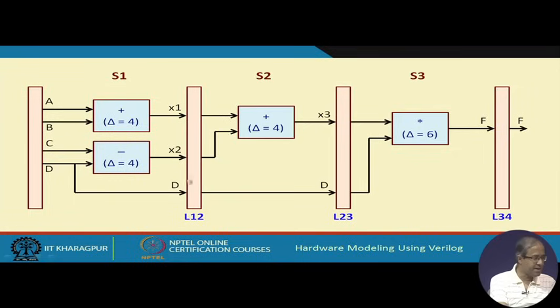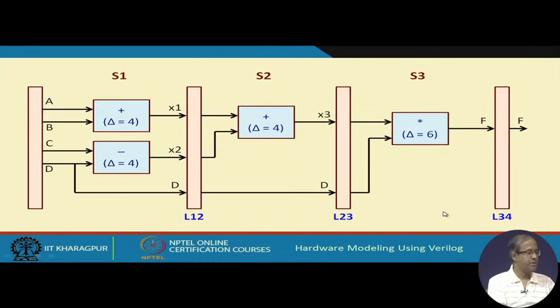Why must they be held somewhere? Because the next set of A, B, C, D values are already here, and those values would make the x1, x2 and D values change. So, while S2 is computing, in order to ensure that these values do not change, we must have a storage element in between. Similarly, between every stage you need storage elements like this.